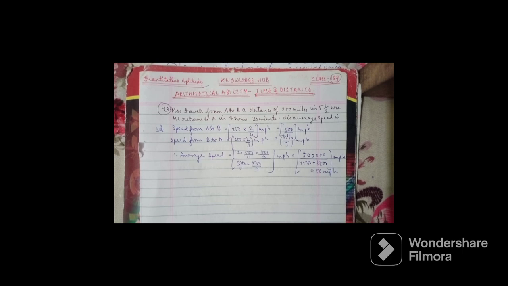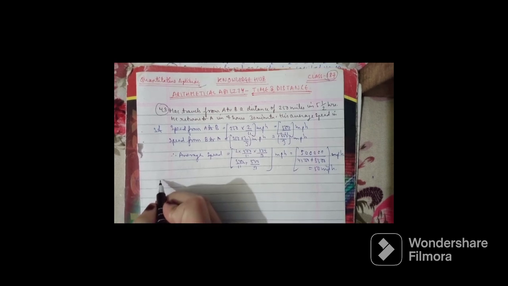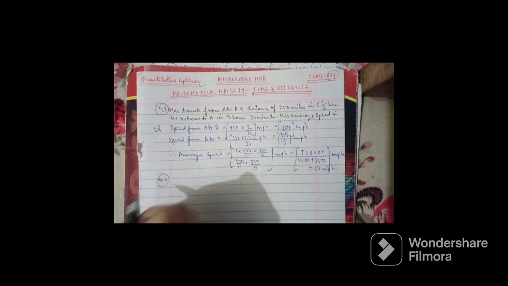So now we go for another one. This is the 44th question of the session, and the question is as follows: a boy goes to his school from his house at a speed of 3 km per hour and returns at a speed of 2 km per hour.